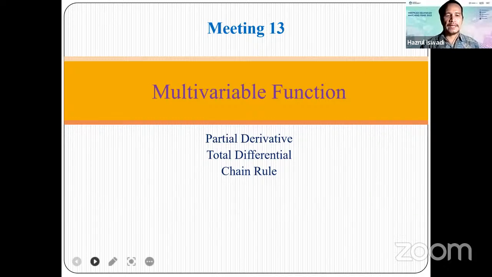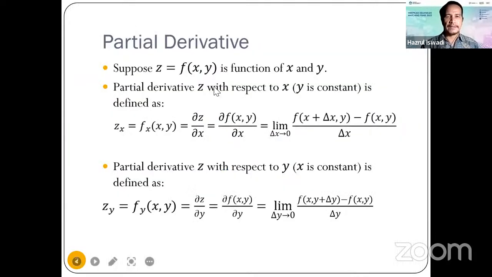Let's begin with the first part, partial derivative. Suppose z is a function f of two variables x and y.